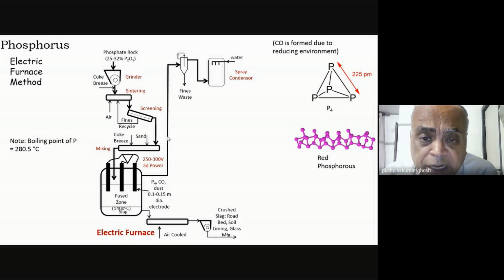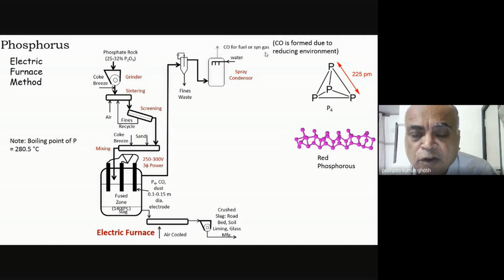Some of the things will not be soluble in water and will escape, predominantly CO, because the CO is actually used as a fuel for making syngas. Because I've got CO, I can do the water gas shift reaction and generate hydrogen too. And so I can generate syngas from this.